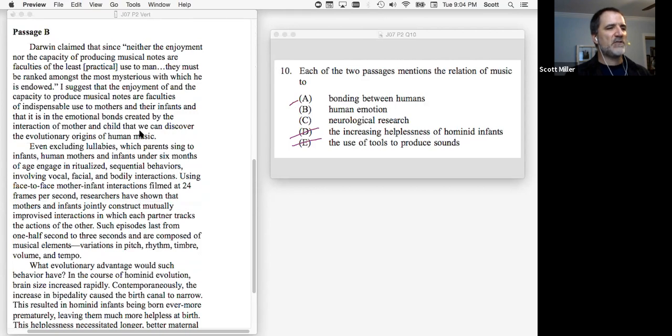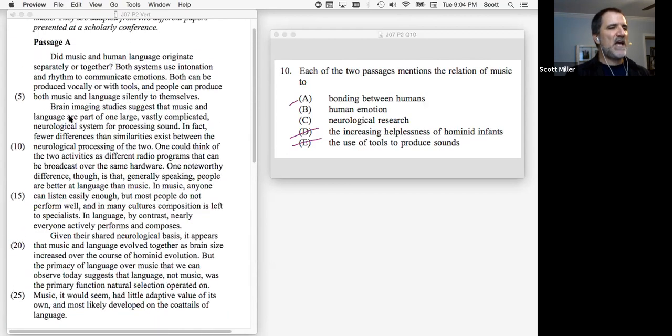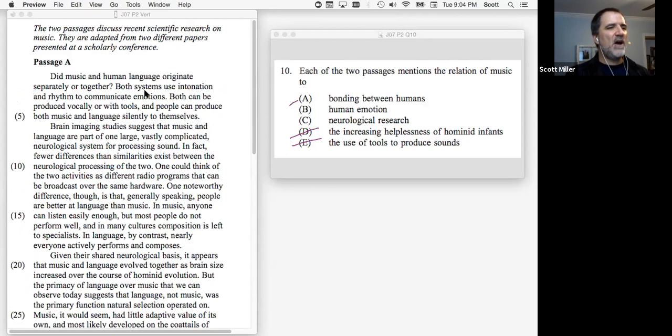Emotional bonds, right? Right here in line 35, we talk about the emotional bonds. So cool, passage B has it. What about passage A? I could quickly scan: both systems, language and music, use intonation and rhythm to communicate emotions. Just right there.